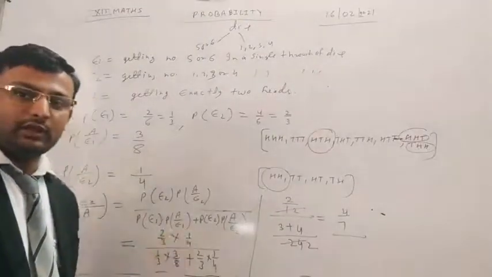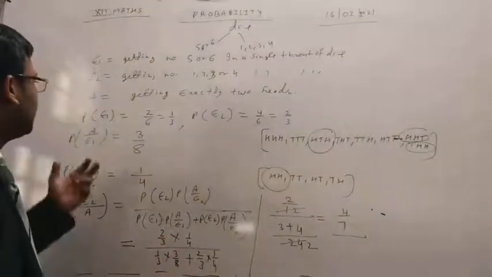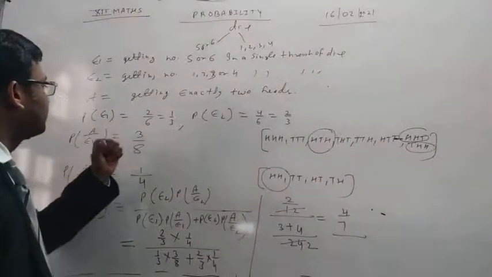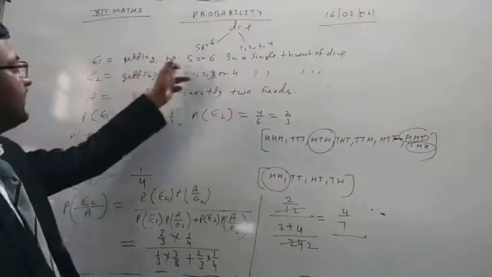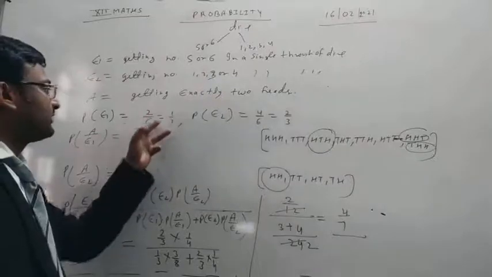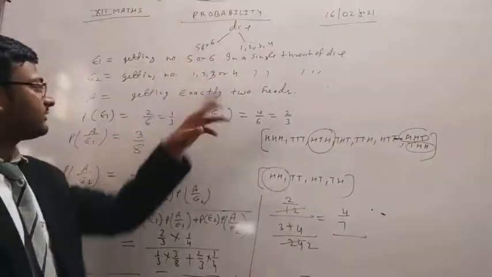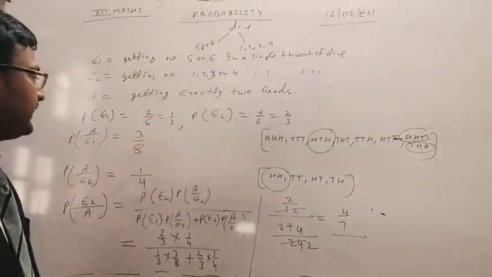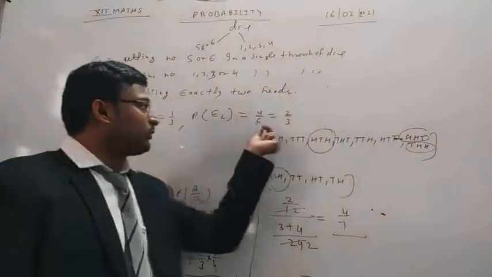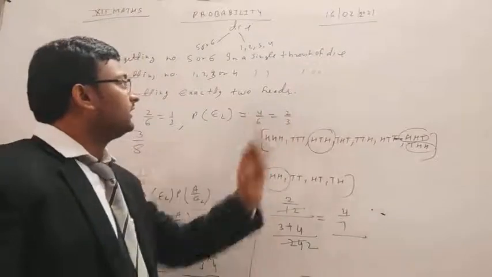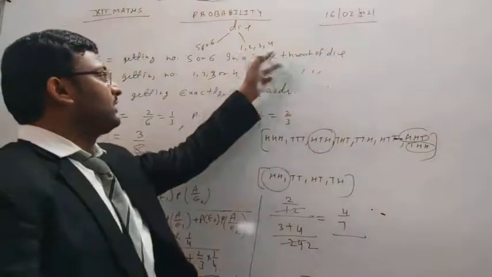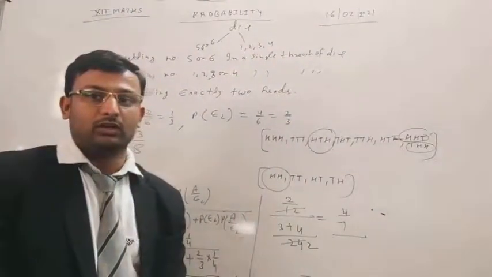So the probability of E1, getting 5 or 6, is 2 by 6, because the favorable number of outcomes is 2 and the total number of outcomes is 6, so 1 by 3. And the probability of E2 is 4 by 6, that is 2 by 3, because the favorable outcomes are 1, 2, 3, 4.